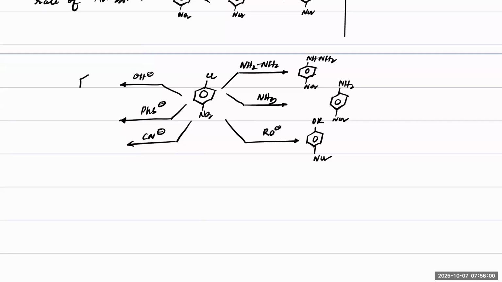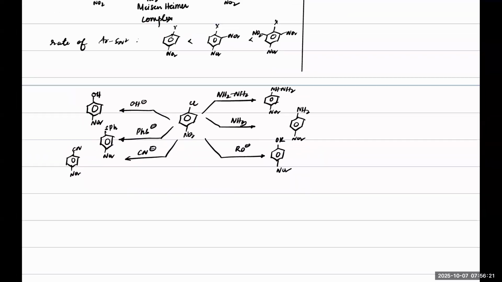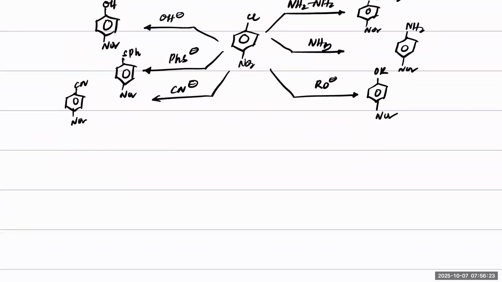Now OH can be replacing that easily, while PhS minus we will have S and Ph here with NO2, and lastly cyanide will also give you this reaction. Done. These are all the ArSN2 reactions.